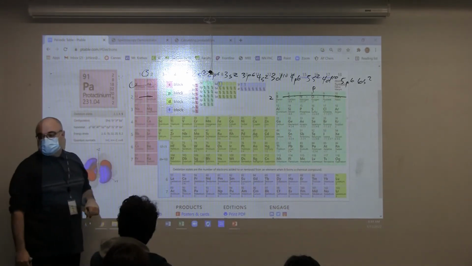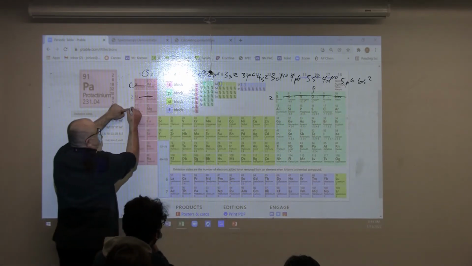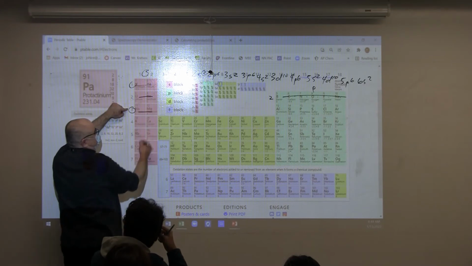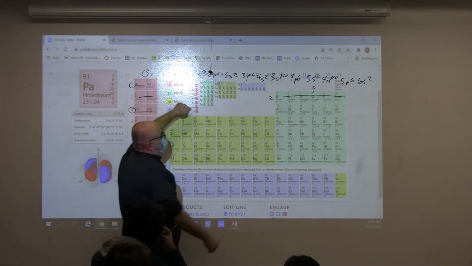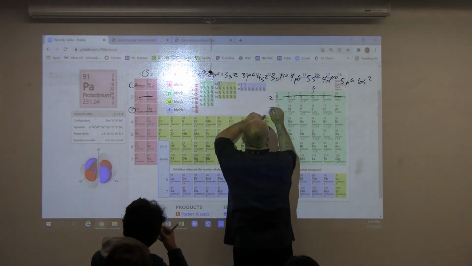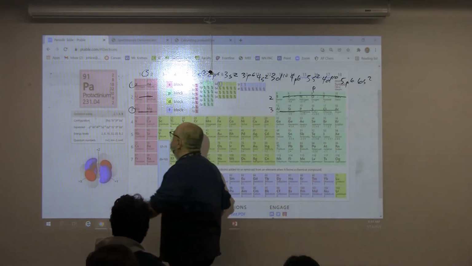That's 2p6. 3s2 is because I'm in the third row in the S block and I'm doing 2 more elements. Then this is 3p6 because I'm in the third row still, in the P block, and I get all 6.